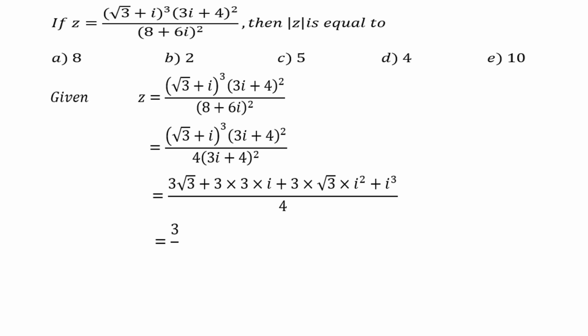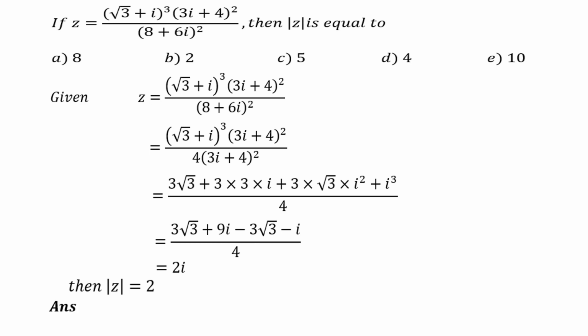That can be written as 3 root 3 plus 9i plus 3 root 3 i square. i square is minus 1, so we get minus 3 root 3, plus i cube is minus i. So the last term is minus i, whole divided by 4. After cancelling, we get 8i divided by 4, that is equal to 2i. So the value of mod z is 2. The correct choice is choice B.